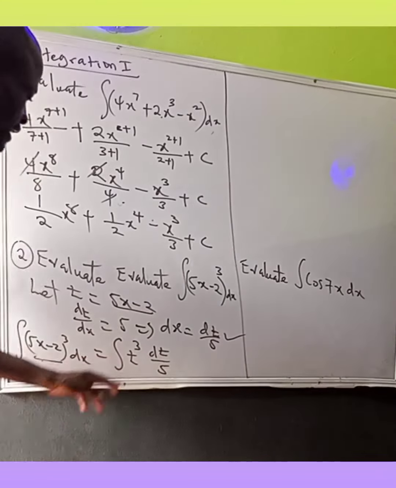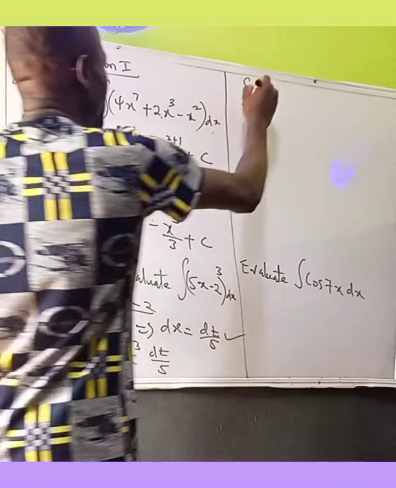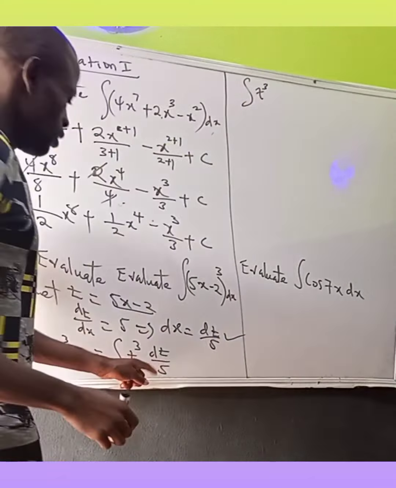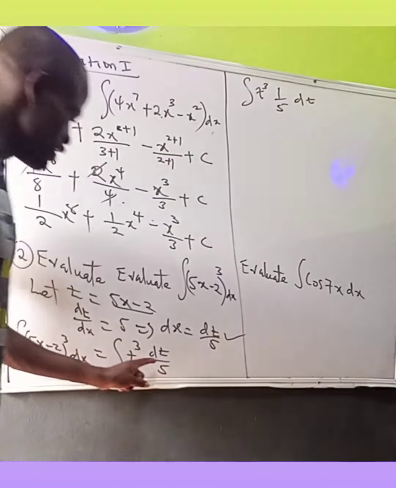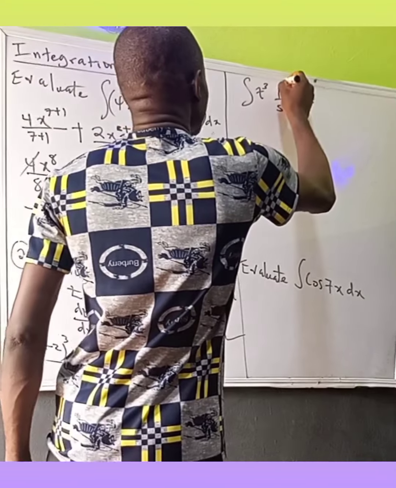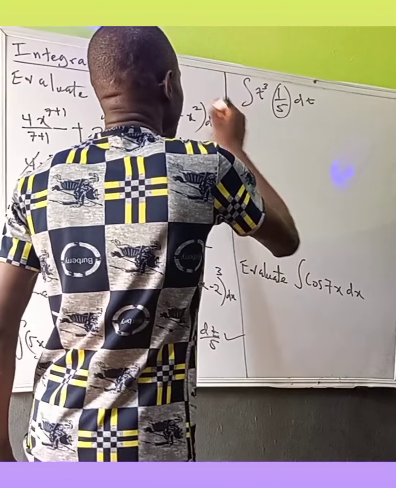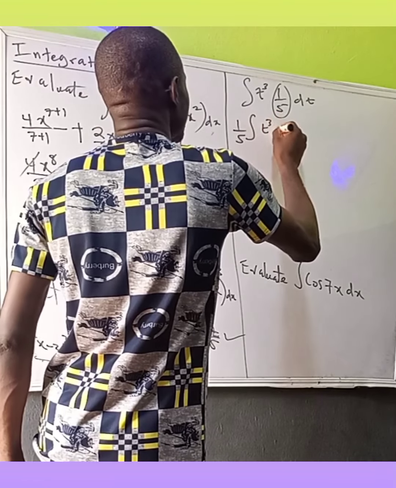So we are going to have the integral of t raised to power 3 times 1 over 5 dt, because dt over 5 is 1 over 5 dt. So this 1 over 5, we can bring it outside. We have 1 over 5 integral of t raised to power 3 dt.